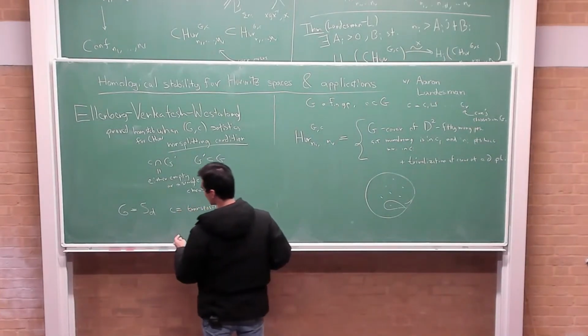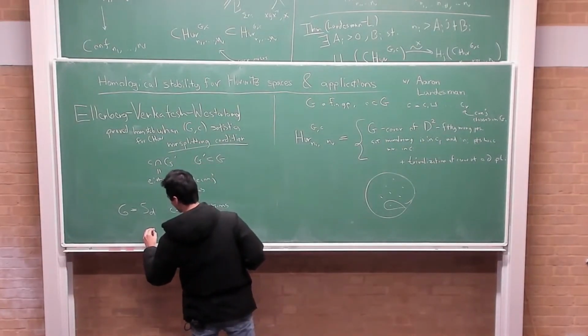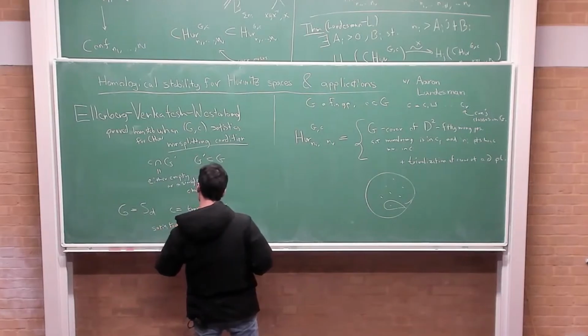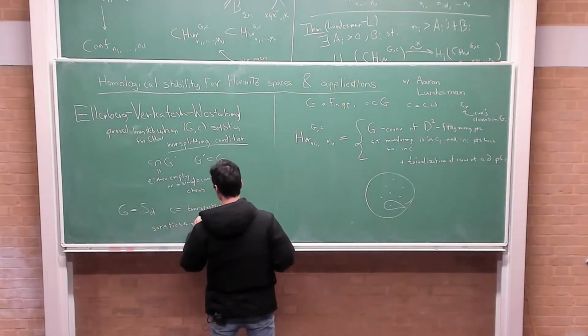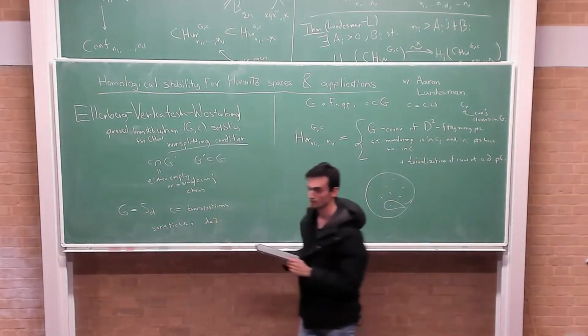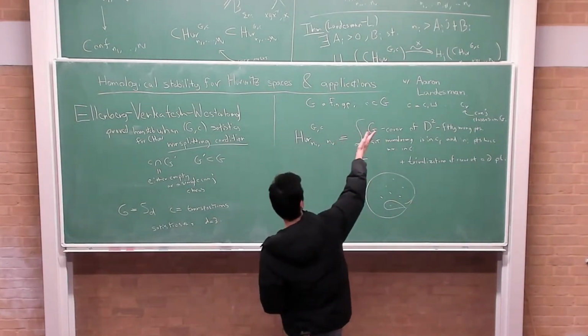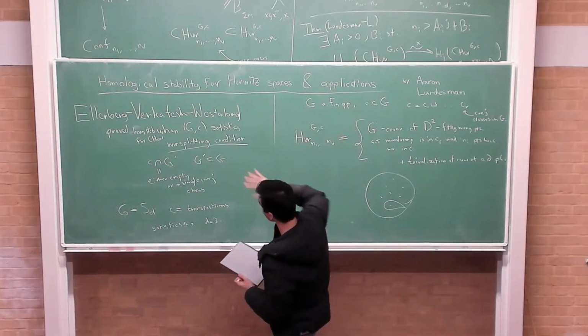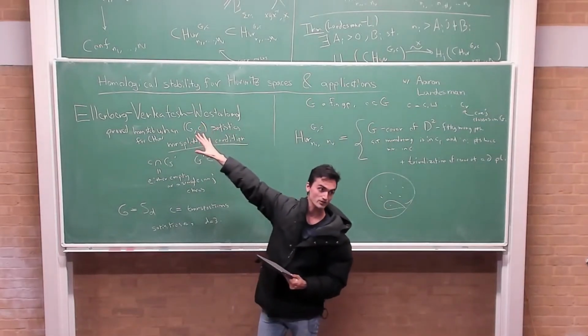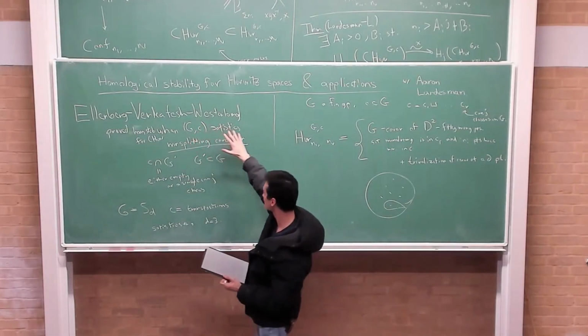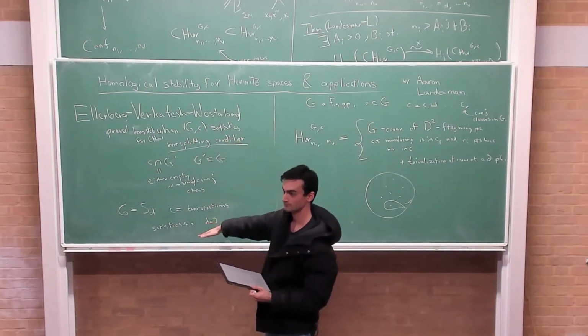So in this example, this satisfies the non-splitting condition only when D is equal to 3. And so beyond D equals 3, this result was not known. And in fact, Ellenberg, Venkatesh, and Westerlund, they conjectured that homological stability would be true for D greater than 3.